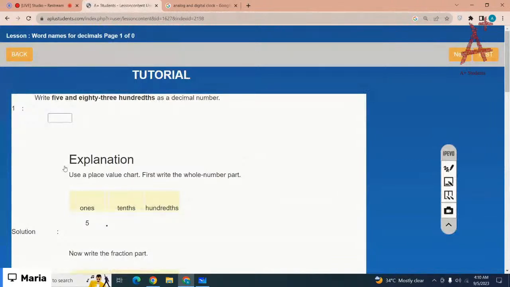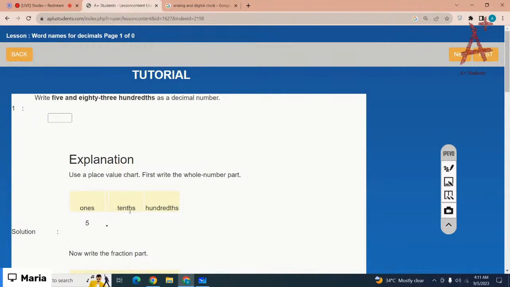Write 5 and 83 hundredths, right? 5 is the whole number. 83, right? That means hundredths. Whenever you have "th", that means that is the hundredth, and that is right after the decimal point.